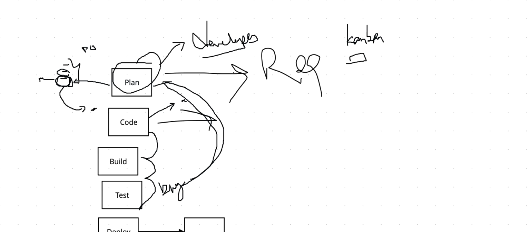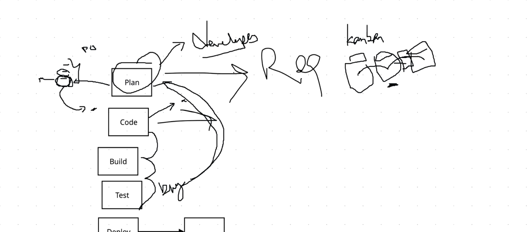We can define the workflow how we want, but say these are the three statuses: backlog, in progress, and complete. Or we can have one more status called blocked, where it is not completed, so that the task which the developer is not working on should not be in progress.